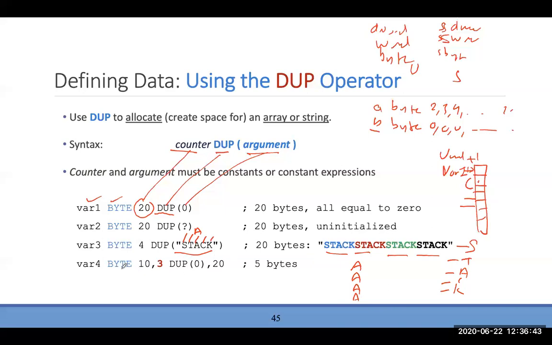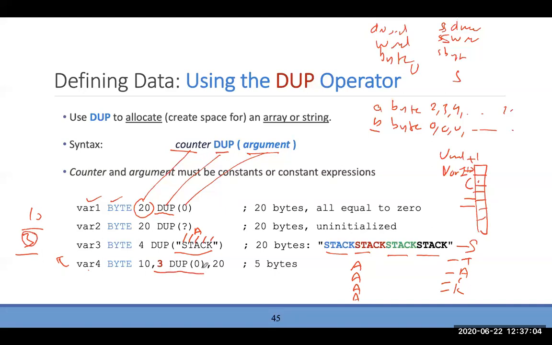And in this part right here, you have a memory that is var4. In this memory, you're going to have 10, a byte, and 3 is a byte. And then we have duplication, let's say DUP 3.